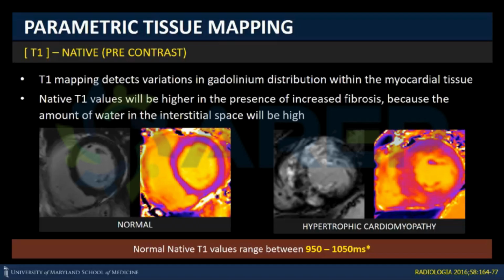Now, certainly, using contrast allows us to see much more of the abnormality, but we can see this basic abnormality even without contrast. Now, normal native T1 values range between 950 to basically less than 1100 milliseconds. So when we see an area of native T1 that is above 1100, that suggests that there is an abnormality in that area and that you have expanded extracellular volume.